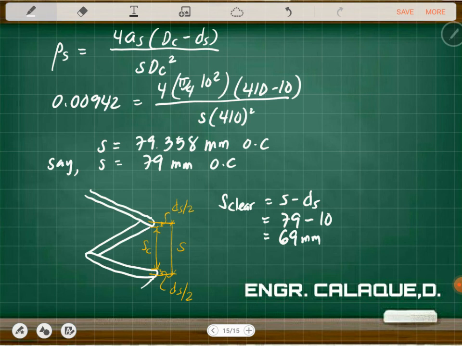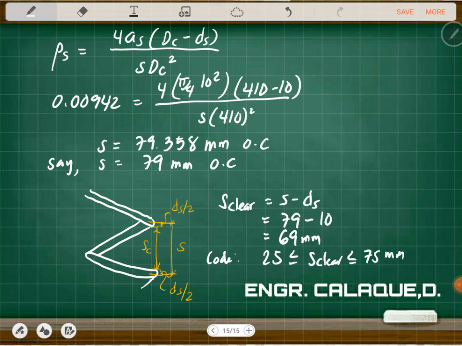We need to check that against the code requirements. The code requires the clear spacing to be between 25 and 75 mm.